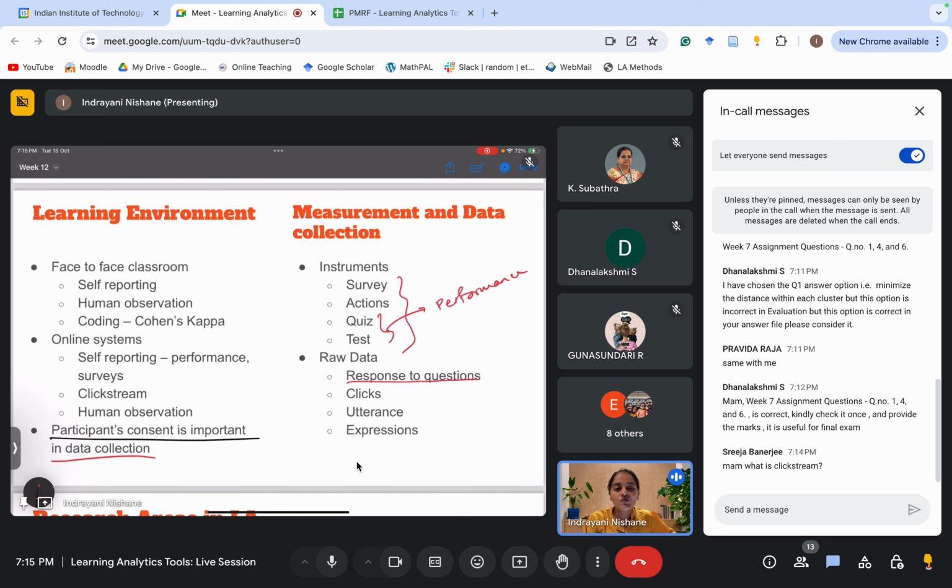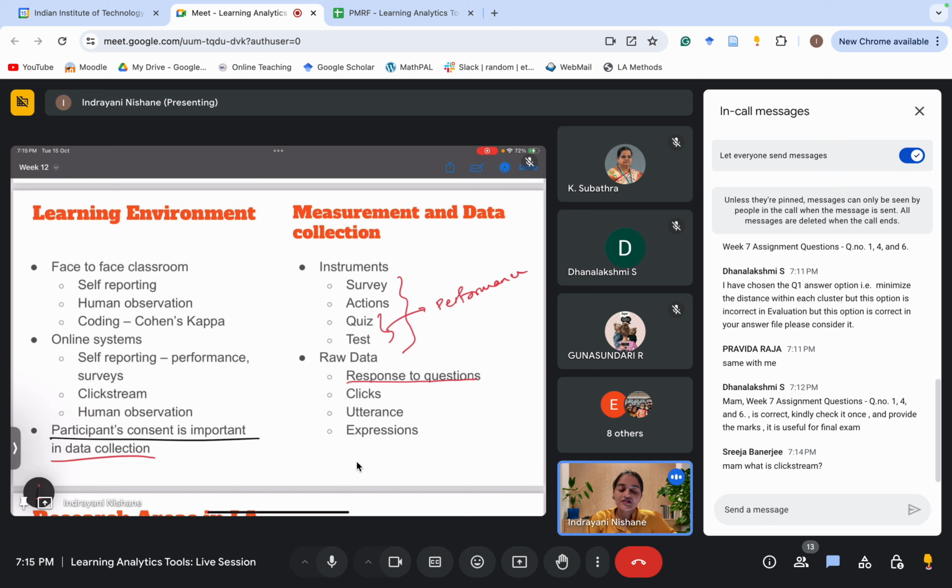We use click stream and log interchangeably. Log is the log of actions along with the timestamp. Click stream is also similar: the actions which they are taking in the computer-based learning environment along with the timestamp. So we get the sequence of actions along with which action was performed when. That information is considered click stream data.